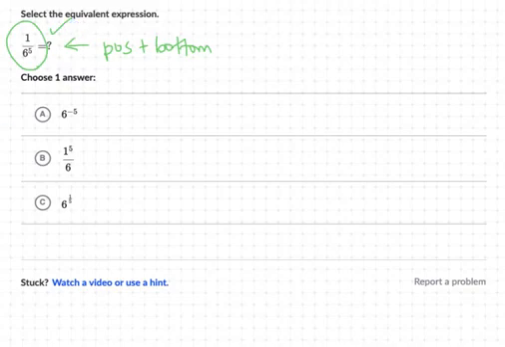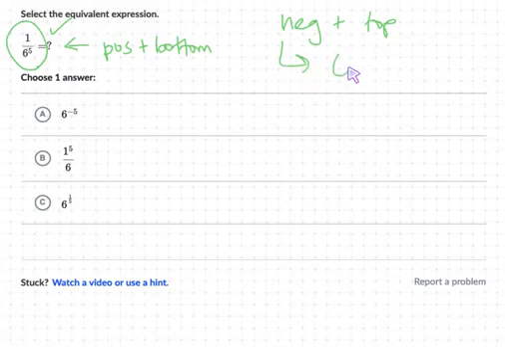But right now they want an equivalent expression. So we need to figure out what that means. We need it to be negative and on the top. So it would become 6 to the negative fifth power, okay?